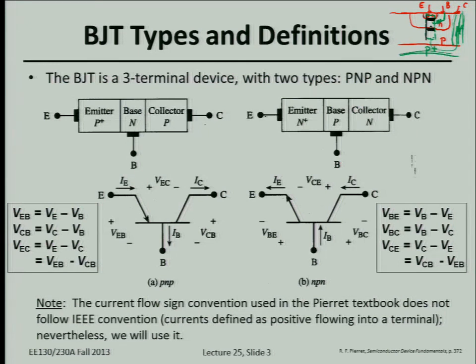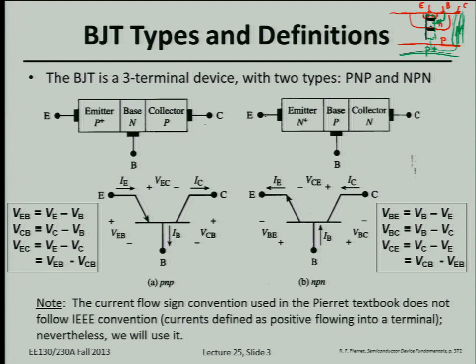Okay, so we have 2 PN junctions sandwiched back to back, forming a sandwich structure here. So we can have either a PNP or an NPN structure as a bipolar junction transistor. For the textbook, we focus mainly on a PNP. Both PNP and NPN are used, but NPN is more common in integrated circuits today.